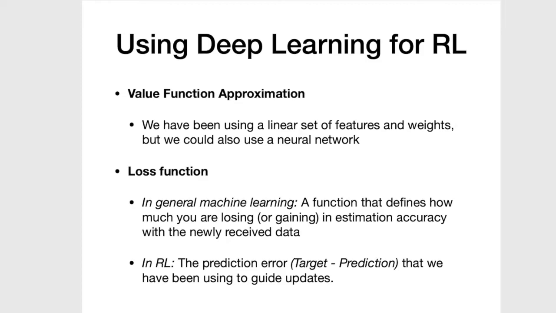So in the value function approximation we talked about earlier, you come up with a linear set of features or weights or some kind of trick that helps you distill the state space into something more compact. Now we could use this approach of representing the game as a neural network to learn that, right?